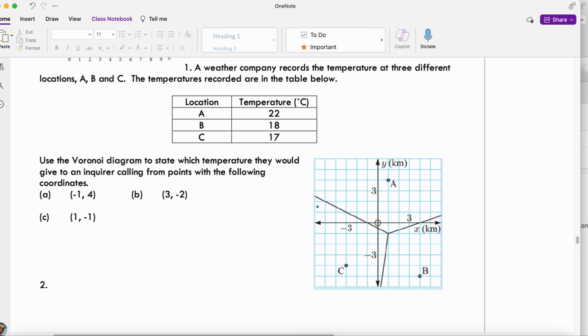Doing it a little bit more in context, this is like a weather company that records at 3 different locations. You've got 22 degrees, and this one records 18, this one records 17.